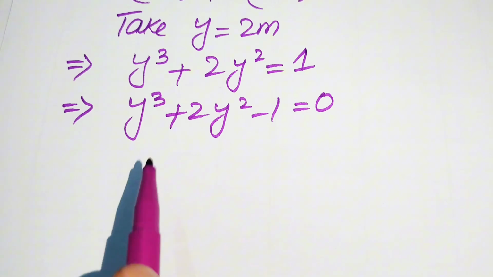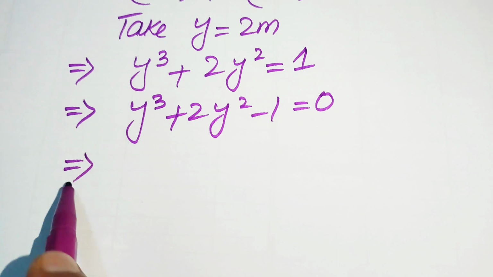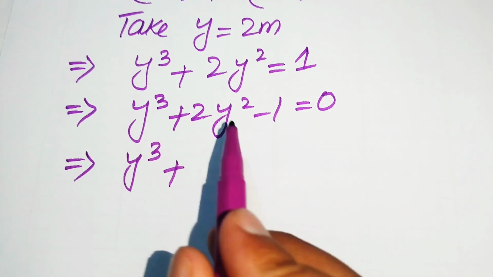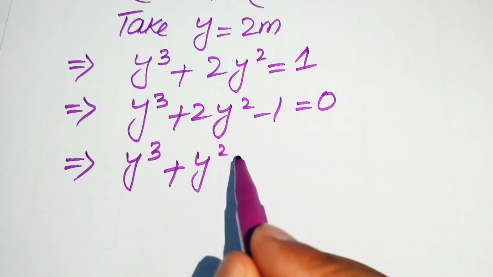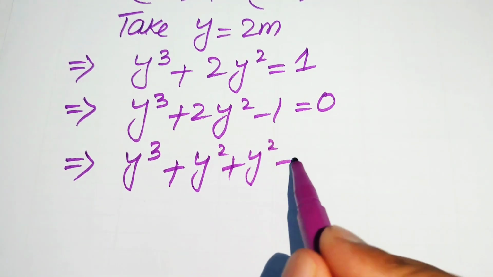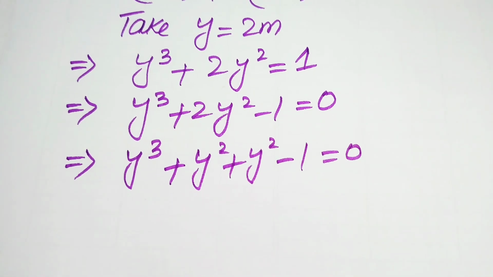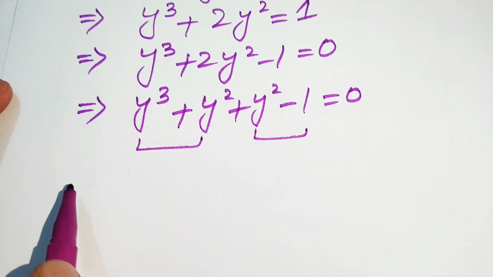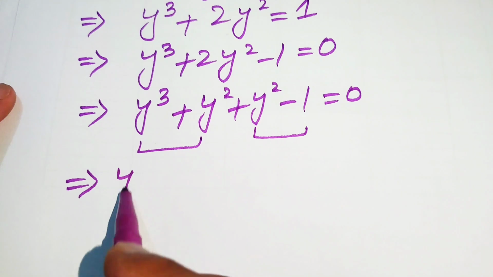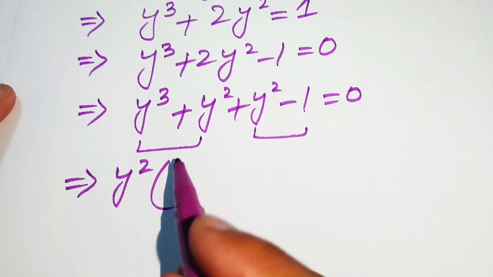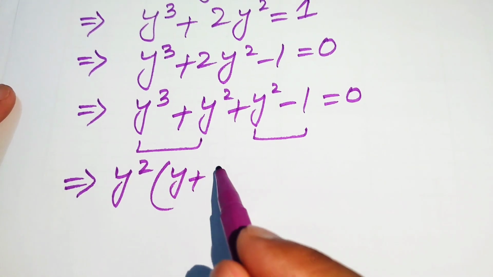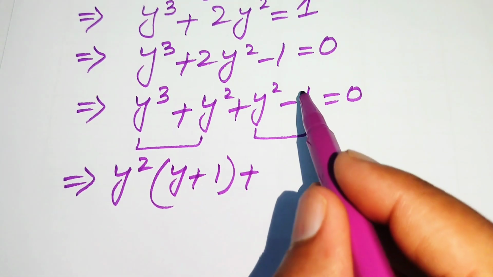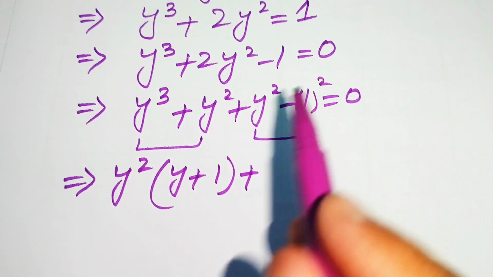Here we directly factorize this equation by breaking its middle term, and we write it as y cubed plus y squared plus y squared minus 1 equals 0. Now in the next step we focus on the first two terms and the remaining two terms. We take common y squared, and you get y plus 1. Here you see that this is y squared minus 1, and we write this one as 1 squared.